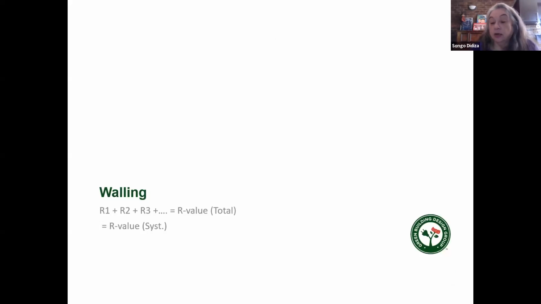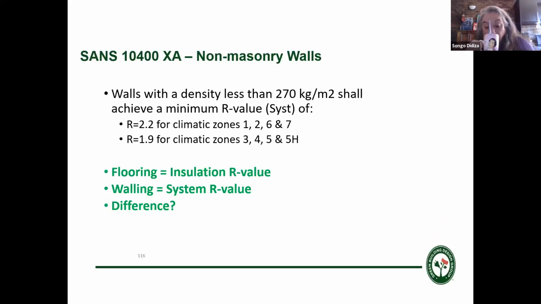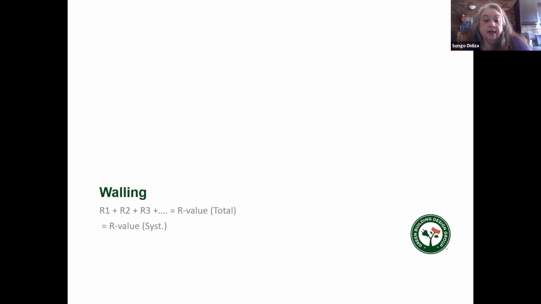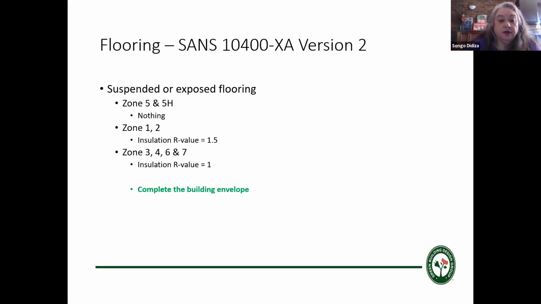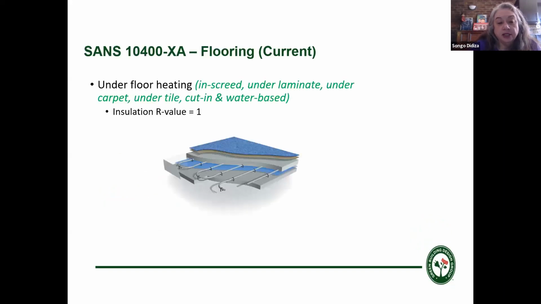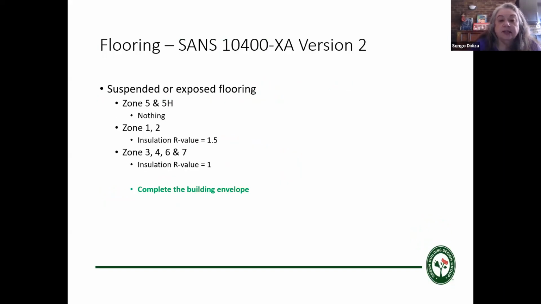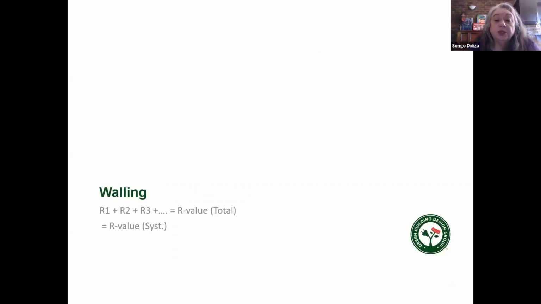So let's look at walling. Let's just go back again. If you look at flooring, I spoke about the insulation R value 1, insulation R value 1.5, and insulation R value 1. When we talk about flooring, and when we talk about the roof and ceiling assembly, we talk about the system R value.